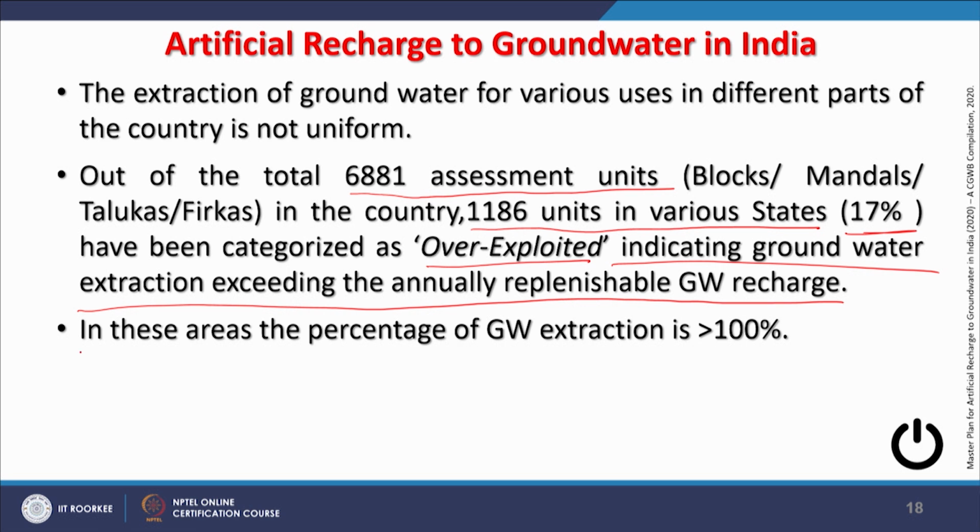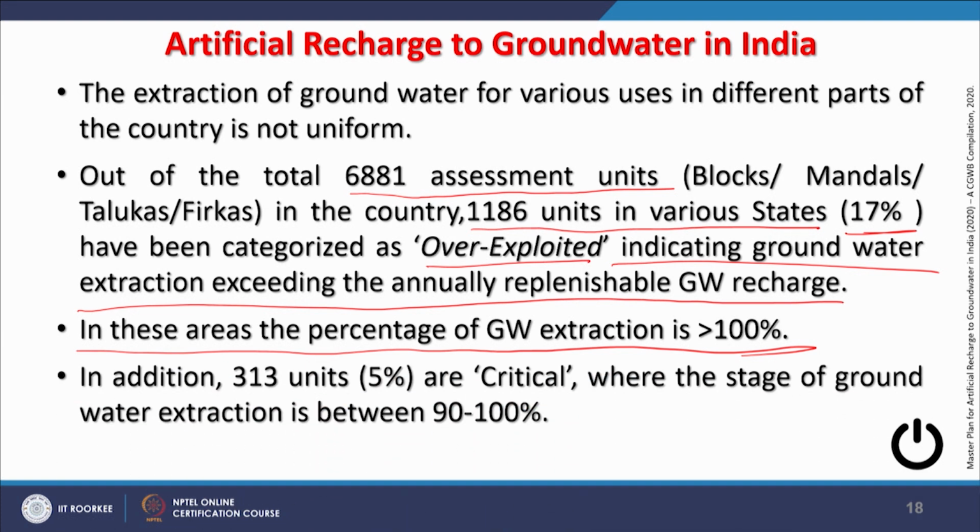In these areas, the percentage of groundwater extraction is more than 100%. How is this more than 100%? Because at places people are going deeper and deeper and trying to exploit the water. So, at places it has reached about 100%, and that is again not good.